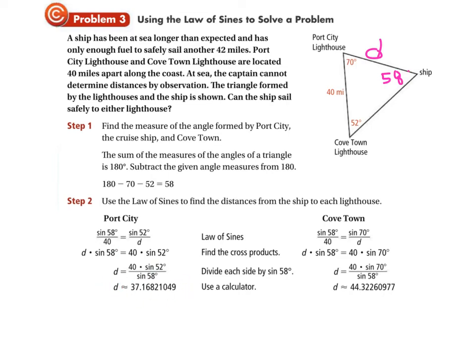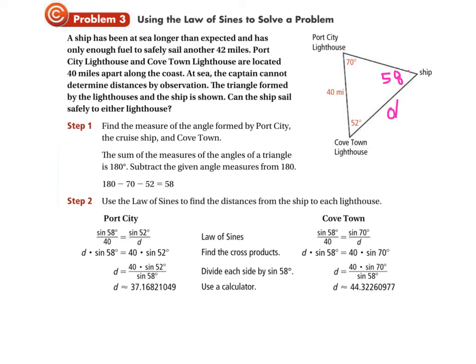Doing it over here, I'm going to erase this D. We're going to now do this distance right there. And what does it say? Okay, so now we're doing sine of 58 over 40 equals sine of 70 over D, that distance to Cove Town.